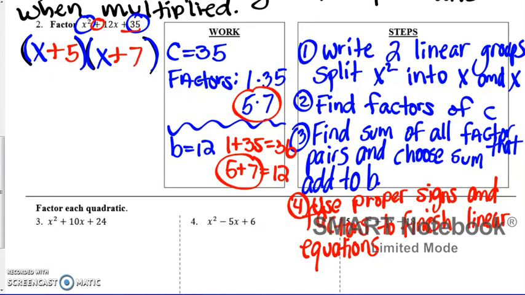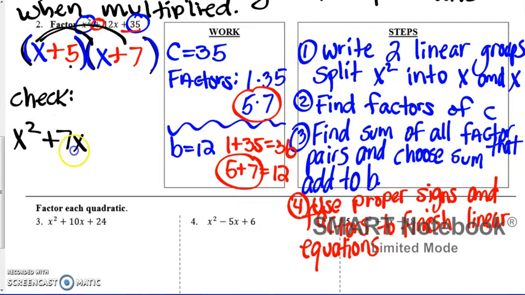And then I can always check my answer by multiplying things out. X times x gives me x squared. X times 7 gives me 7x. 5 times x gives me 5x. And 5 times 7 gives me 35.